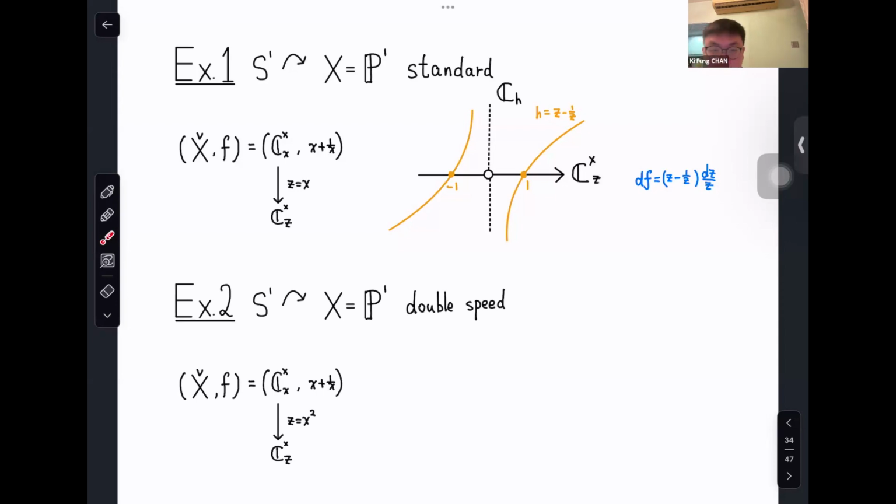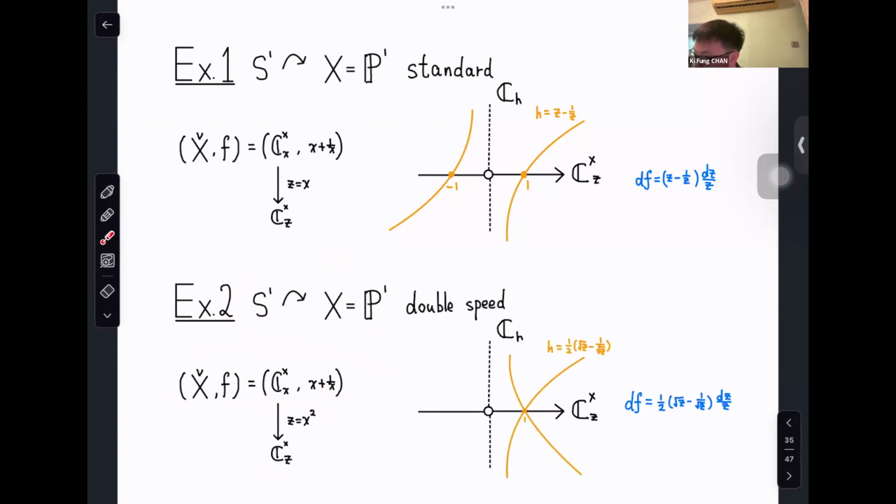So the graph is given by the equation x equal to z minus 1 over z. Now the second example: S1 acting on P1 but with speed doubled. X check and f are still the same, but the map to C star is the square of the previous one. And now this is a Lagrangian. Once again, you calculate df, and the equation for the Lagrangian is x equal to this.